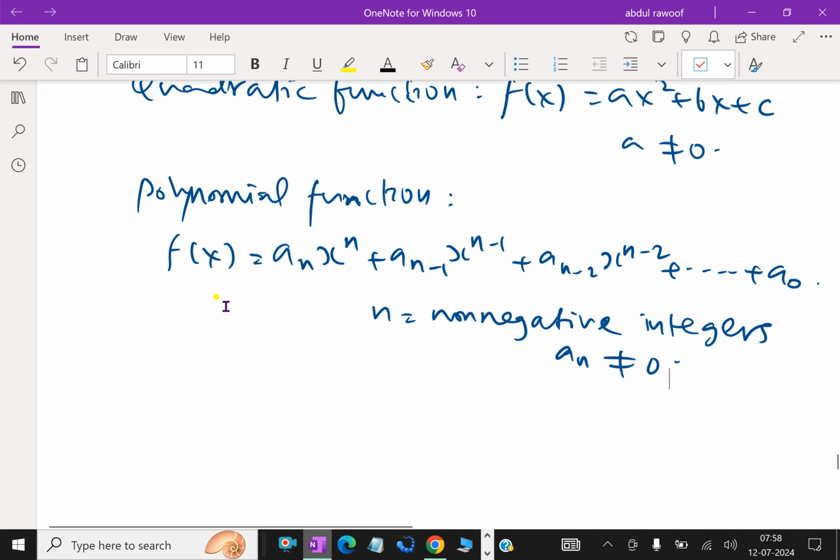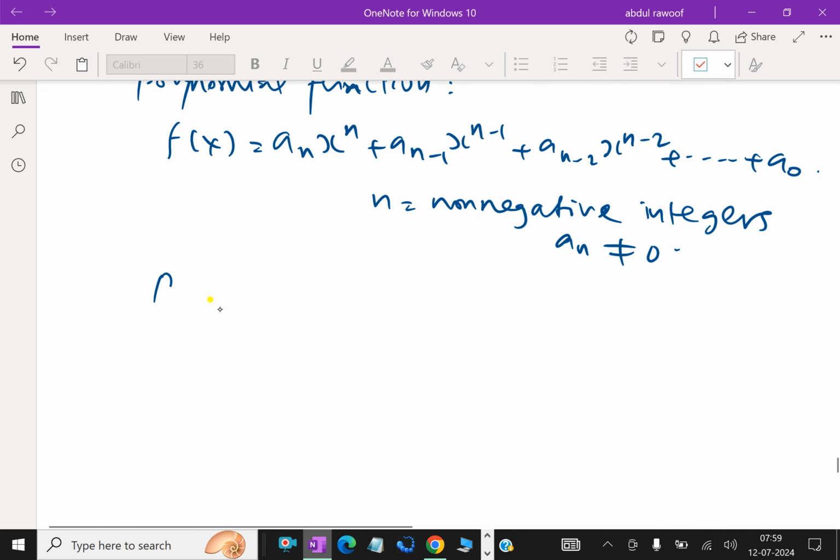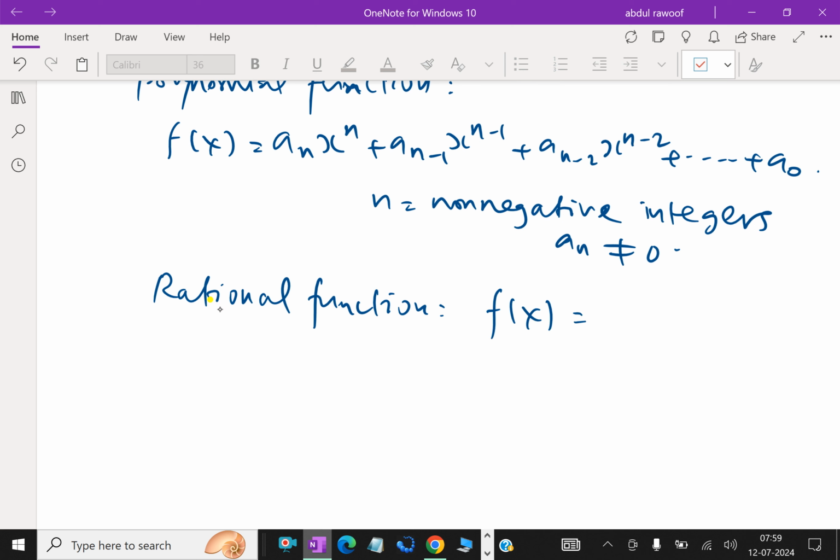Now, next one, the rational function. Rational, we know, is a ratio of two things, that is f of x equals g of x over h of x. The ratio of two functions, f of x, is the rational function in terms of x.